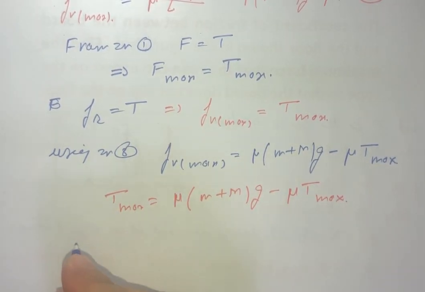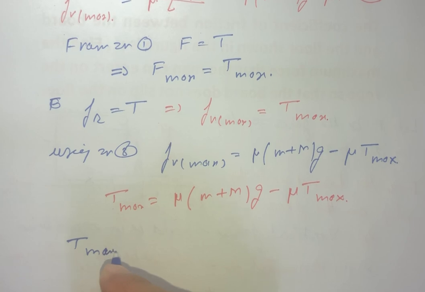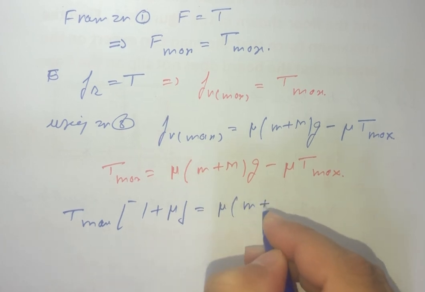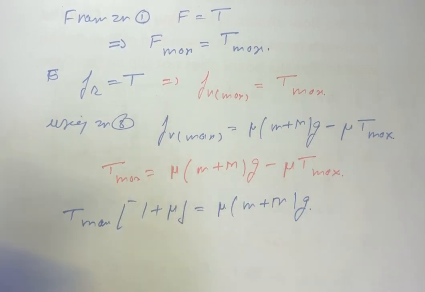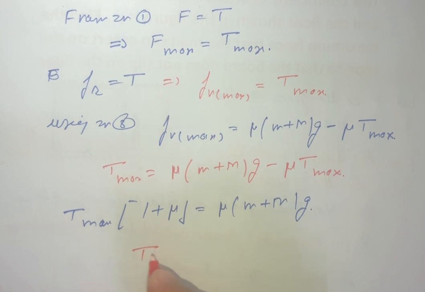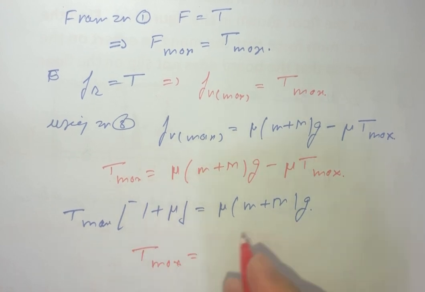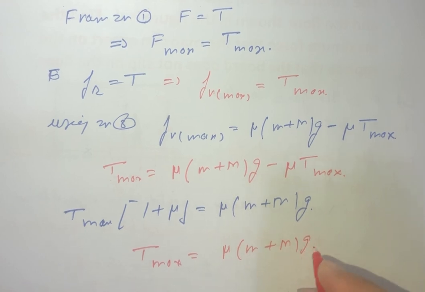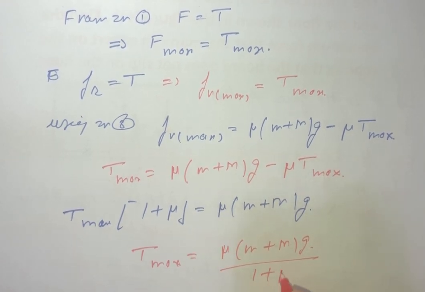This can be written as T max(1 plus mu) is equal to mu(m plus M)g. So it means the maximum tension T max will be equal to mu(m plus M)g divided by (1 plus mu).